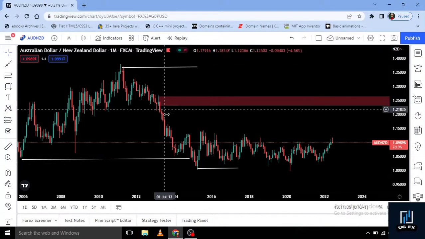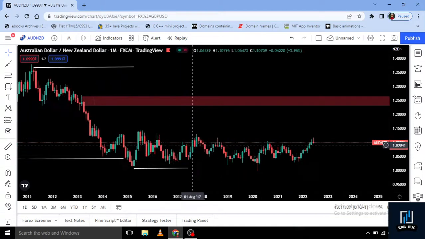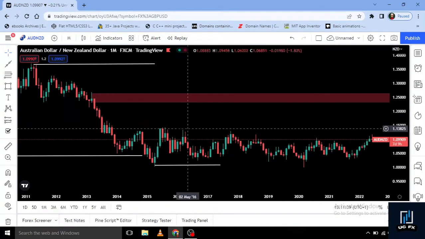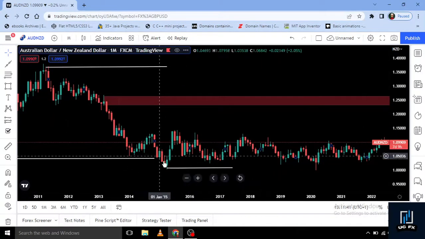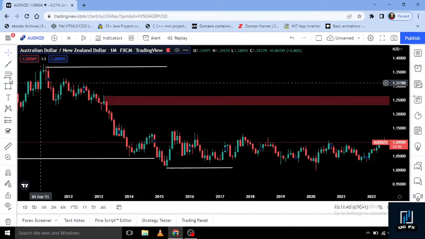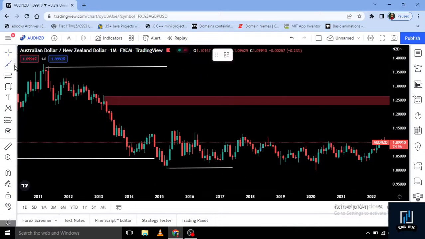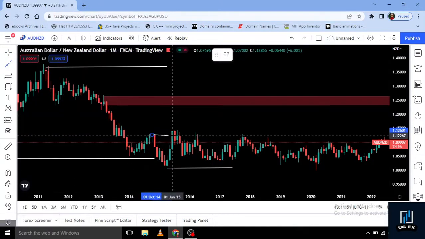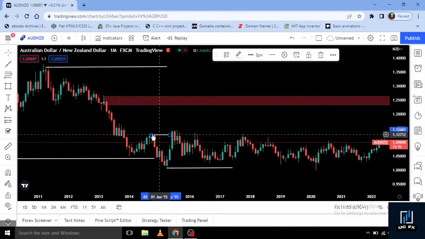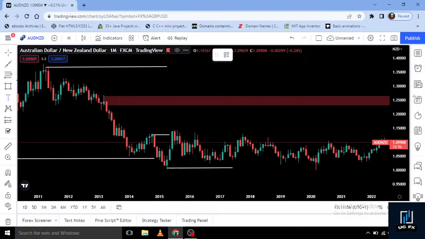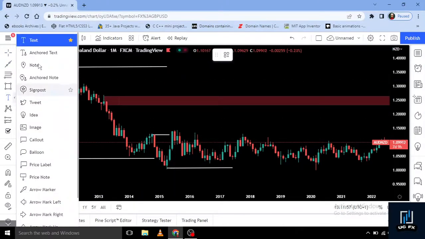So we have our order block, and if you look down in this monthly time frame, you will see we have a break of structure right here. You're going to be marking that out.